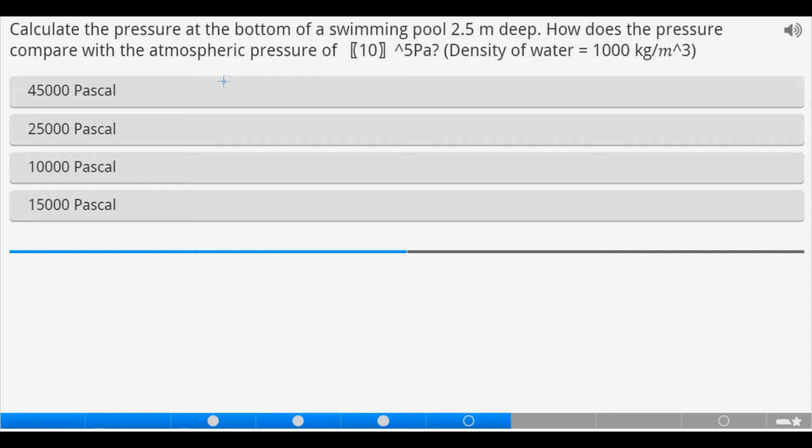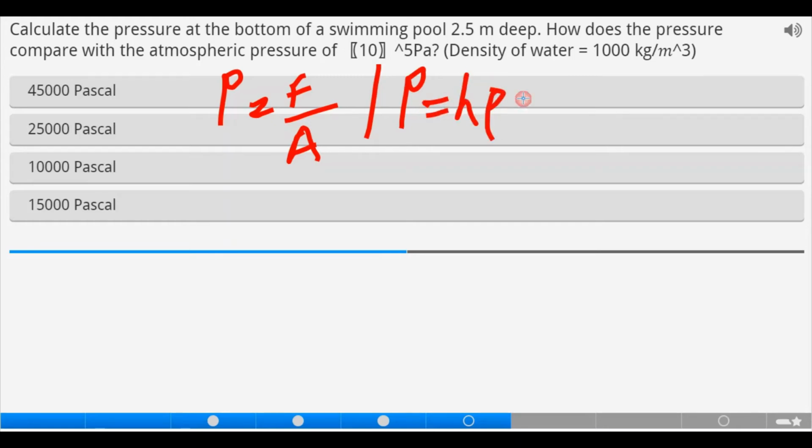Here now, instead of having P is equal to F over A, we will now have P is equal to H rho G. Don't forget that P is directly proportional to H and rho. That is height and density. Where G here now is the constant of proportionality we see here.